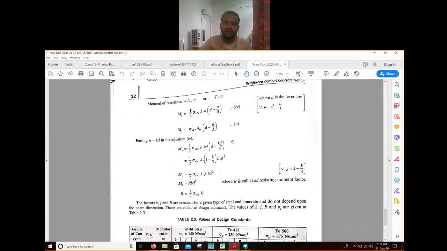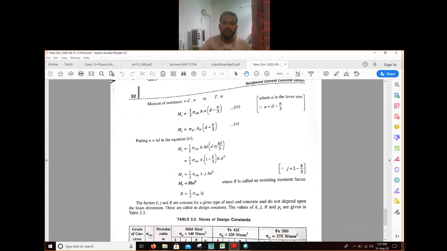In equation number 4, if you put n equal to kd, which I have already shown you before, and simplify this equation, you will get this one: MR equals half sigma cbc, b will be there, in place of n you put kd, here also you put kd.